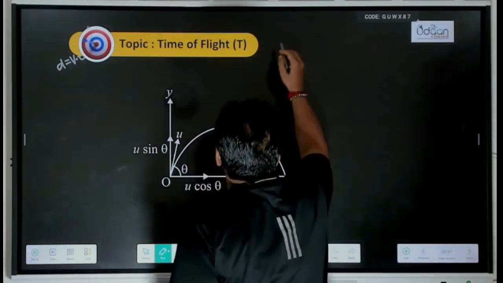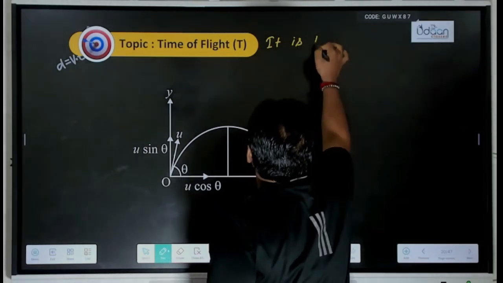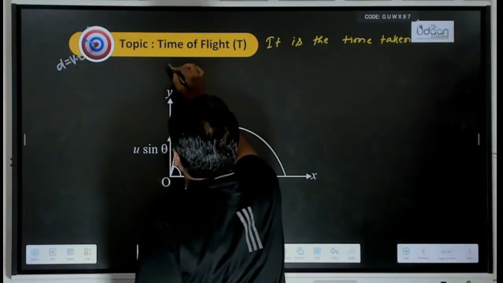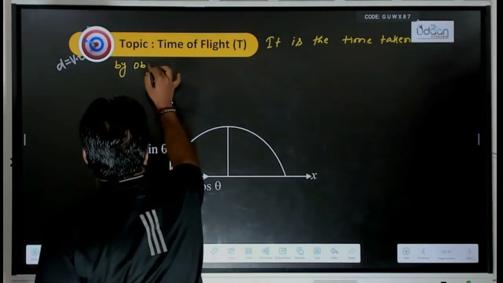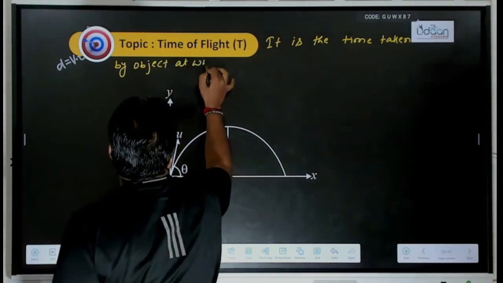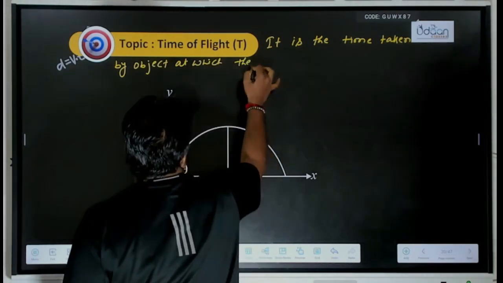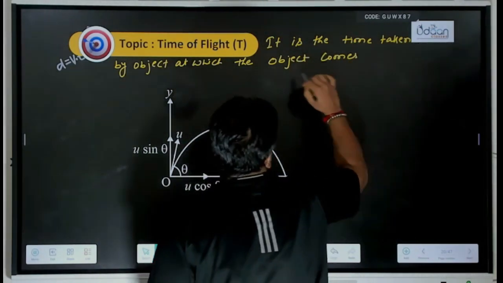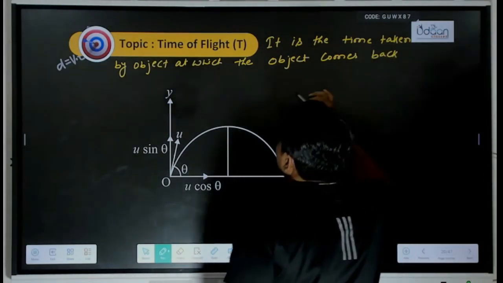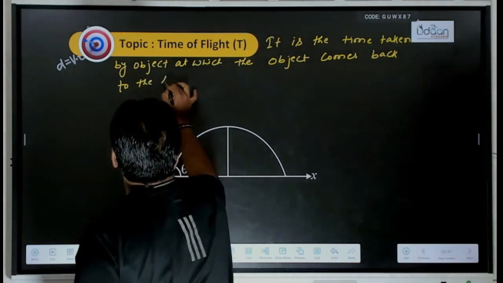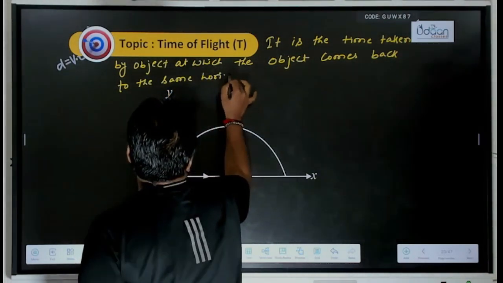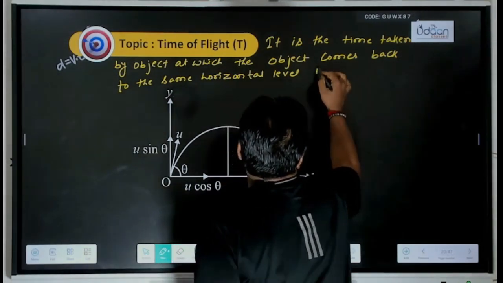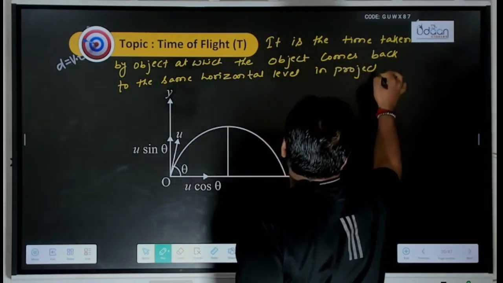So it is the time taken by the object at which the object comes back to the same horizontal level in projectile motion.